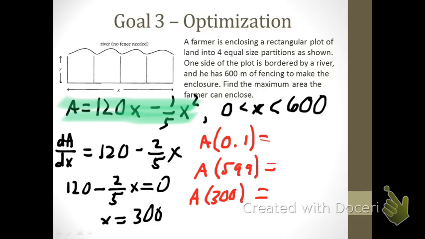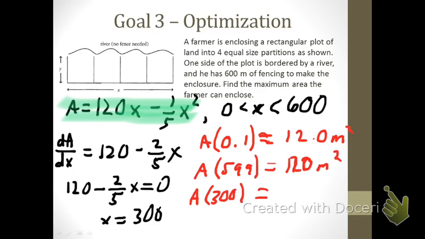And here's what you ought to have found then. If that length was as small as it could possibly be, which we just said, hey, what if that's 0.1? Well, then you would get approximately 12.0 square meters for your area. If it was as large as it possibly could be, and I just used the 3 significant figure approximation for the largest, well, without saying 600 anyway, then the area of this enclosure would be about 119, or really about 120 square meters to 3 significant figures.